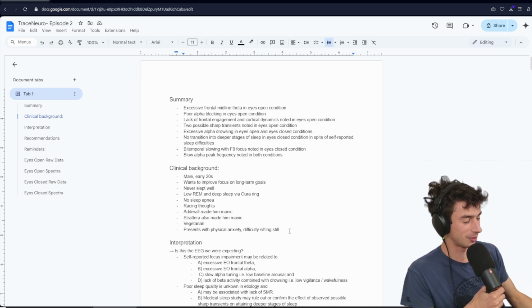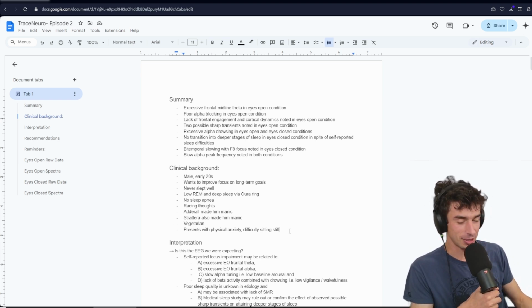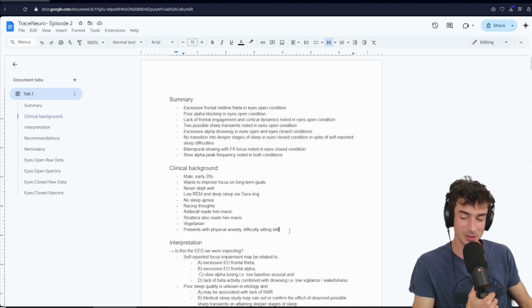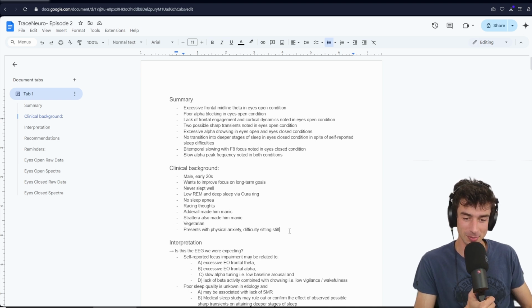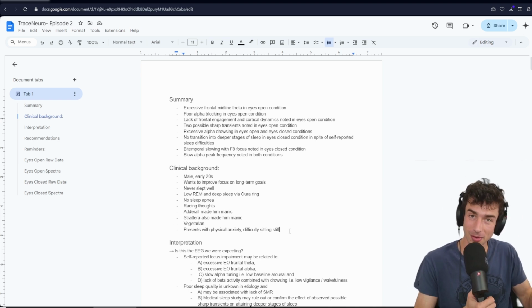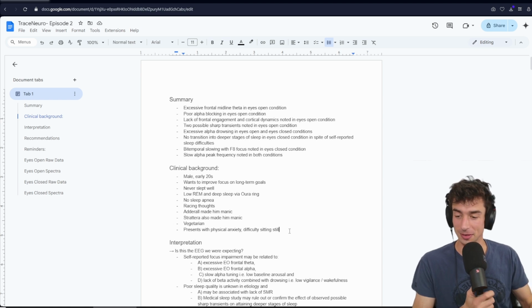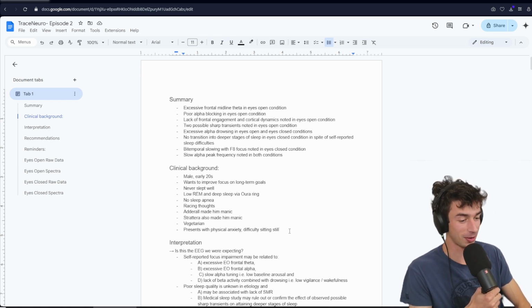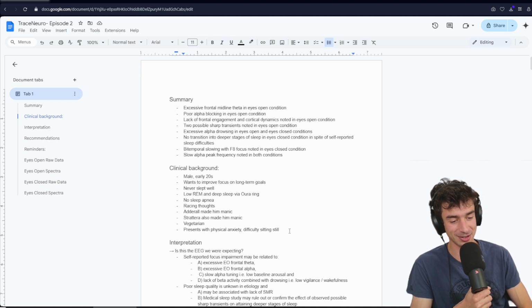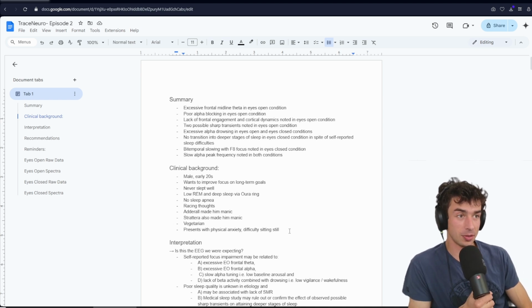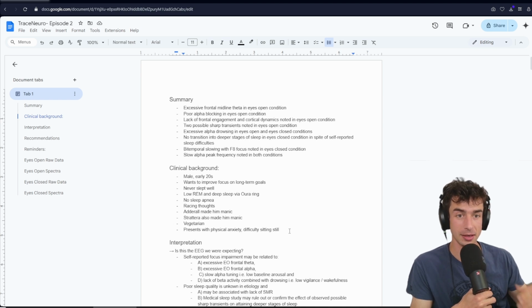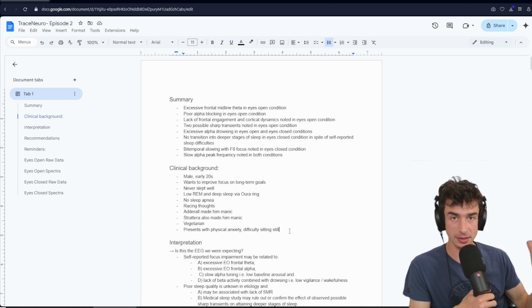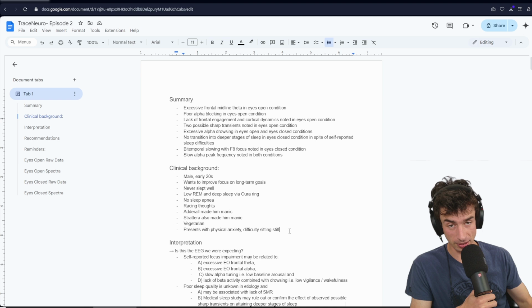I want to do a video on ChatGPT and how ChatGPT gets certain things wrong about EEG, but when you look up alpha on the interwebs, they say it's associated with relaxation. And that's only part of the story because it's also, on a physiological level, associated with idling, i.e., kind of a resting state of the cortex.